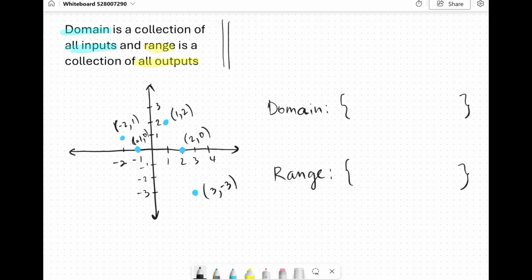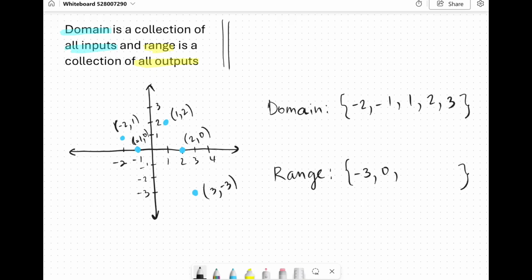When we're asked for the domain, we just pull all of the x's of those points. So negative 2, negative 1, positive 1, 2, and positive 3. And then for the range, we pull all of the y's. I'm going to go in ascending order, from smallest to largest: negative 3, 0.